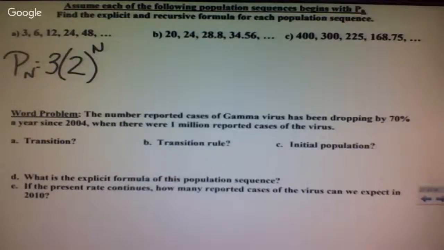Get used to plugging it in. So B then would start at 20. This time you're actually going to have to solve for your r. It's not easy to deduce.